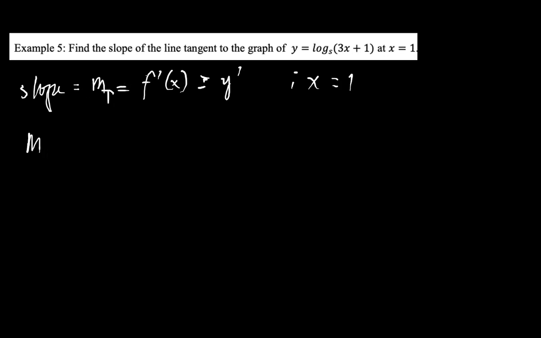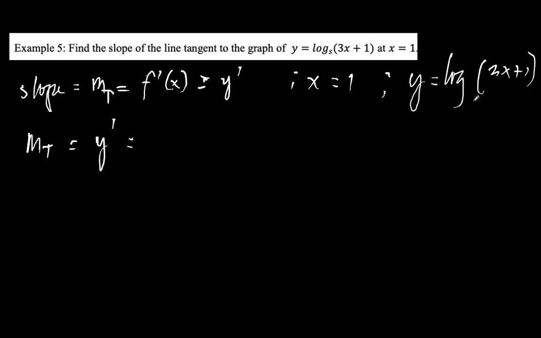So the slope of the tangent line is equal to y prime. Let's take the derivative of this. So our problem is y equal to log base 2 of 3x plus 1.